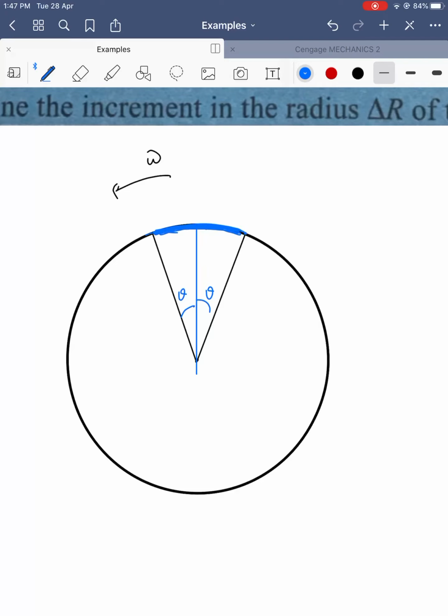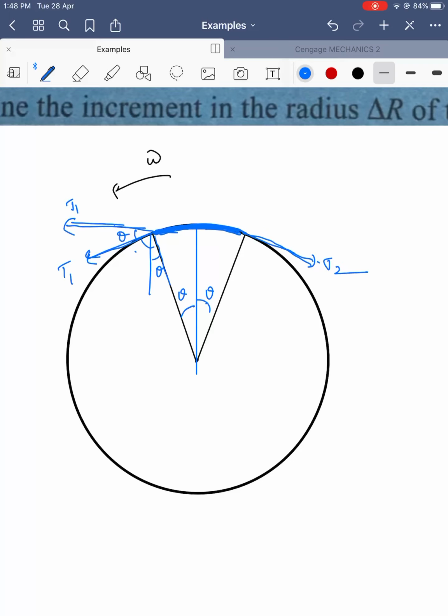Here at one end the tension will act in one direction, T1, and in the other direction, T2. Let's draw the free body diagram. Here is an angle theta, and if you draw the normal here it will be an angle theta. The tension makes an angle of 90 degrees with the radius, so here will be 90 minus theta, and tangential to it here will be theta.